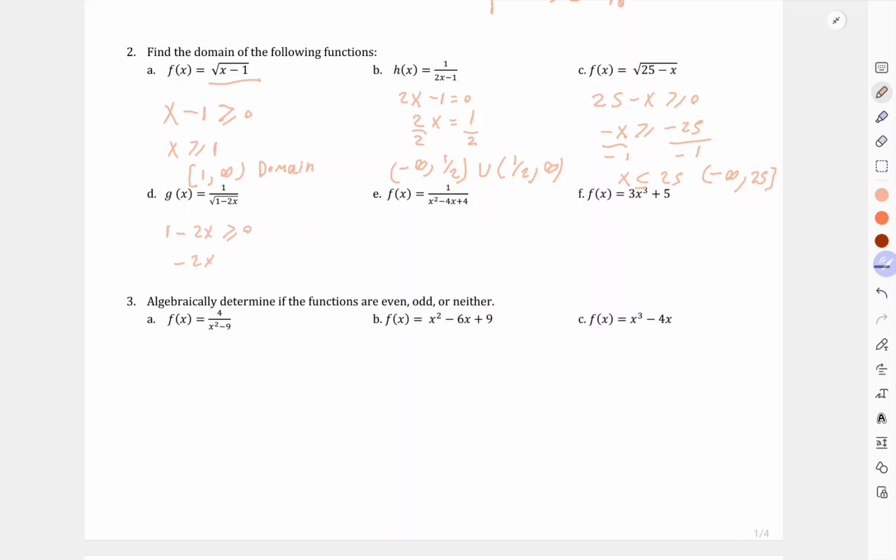So negative 2x, you bring this over here, negative 1, and this is negative 2, so this is also negative 2. So what you get here is negative infinity to 1/2. That is also your domain.